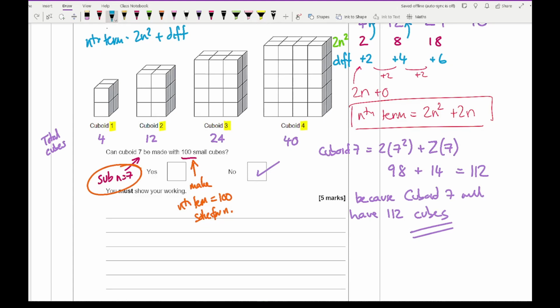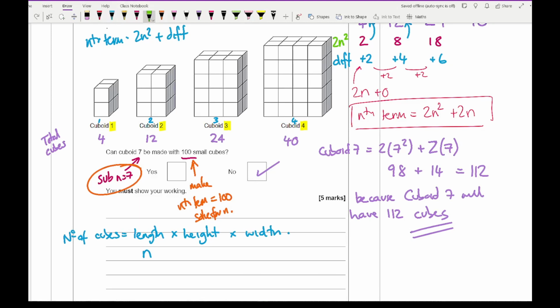Now the number of cubes is basically the length times the height times the width. Looking at cuboid 1, the length is 1, cuboid 2's length is 2, cuboid 3's length is 3, cuboid 4's length is 4. So the length is always going to be the same as n.